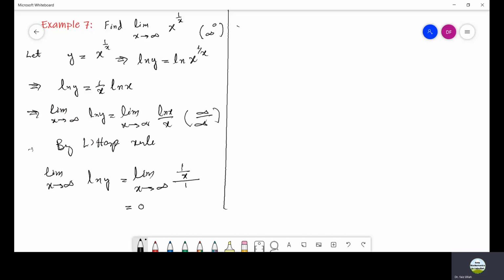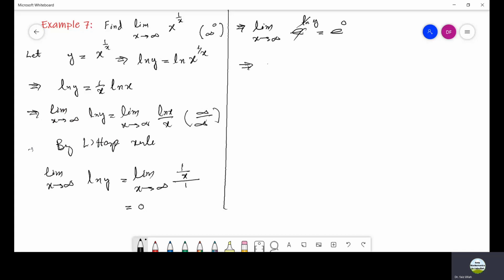So in the next step, we can write both sides into the power of e. So we can write limit x approaches to infinity, e power ln y is equal to e power 0. Now log and e will cancel.